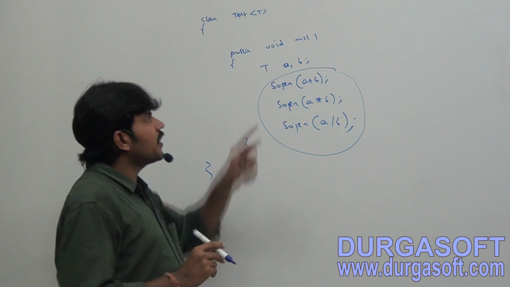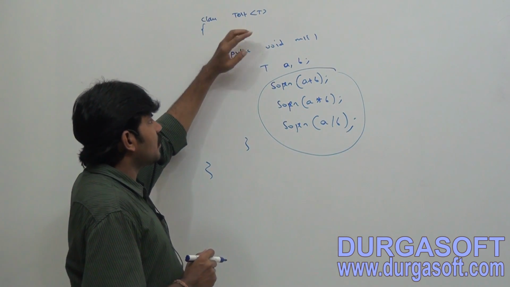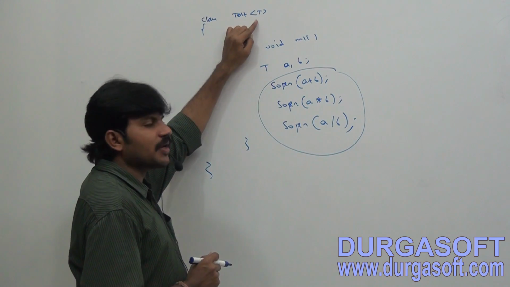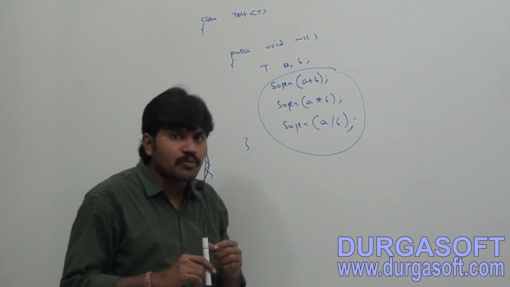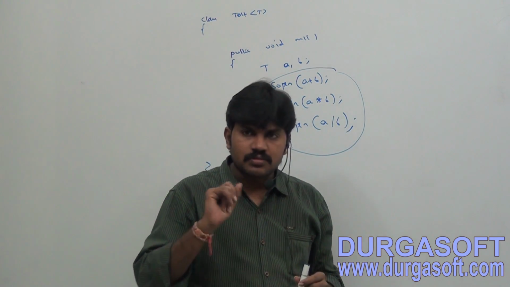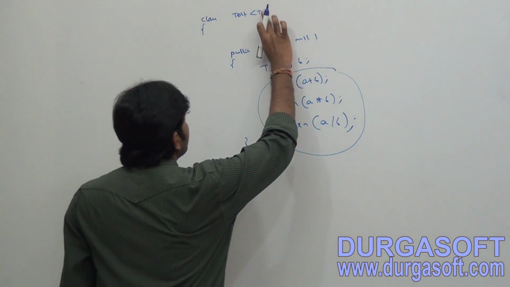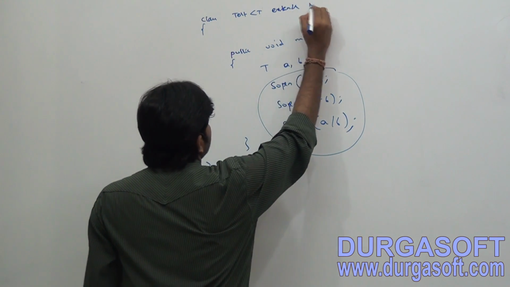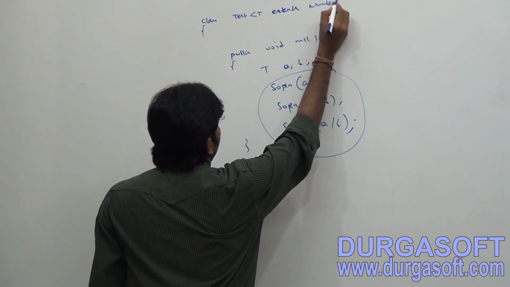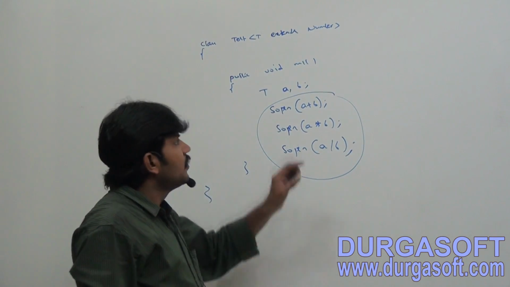Otherwise, at the type parameter you can pass any type, but the functionality is applicable only for numbers. That's why instead of T, what we have to do is T extends Number.